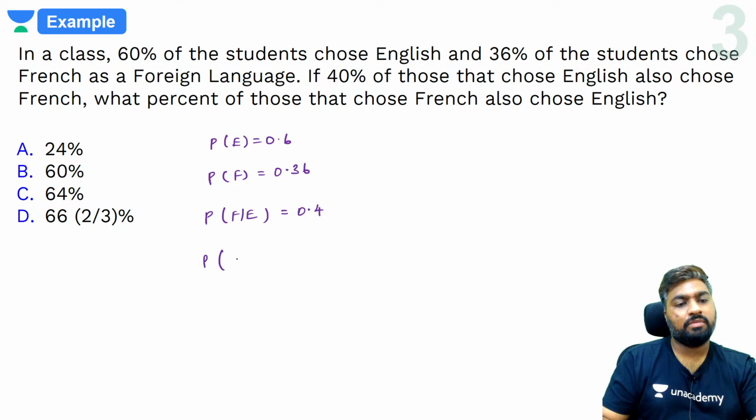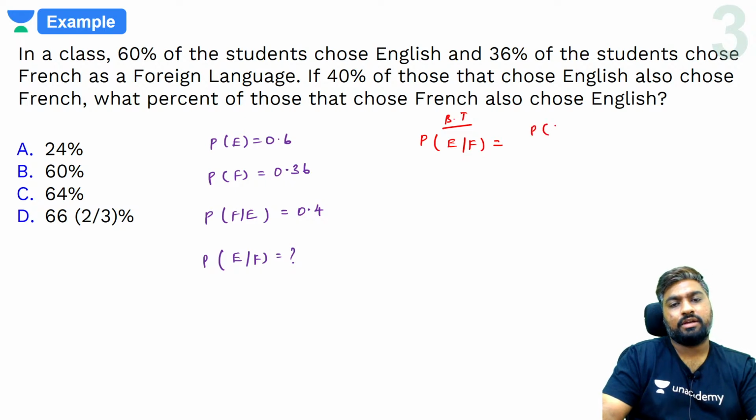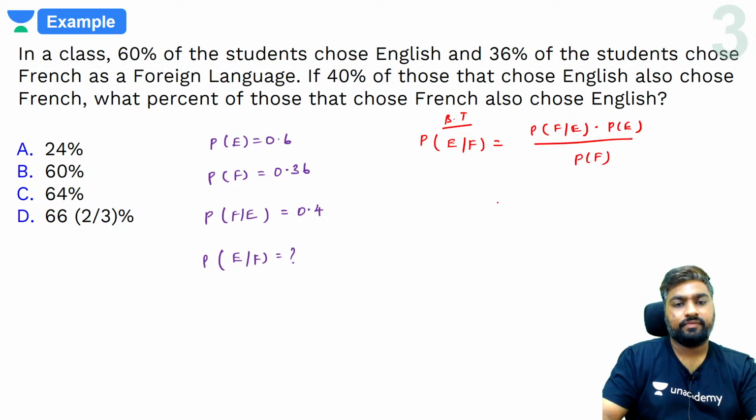We want the value of probability of English when French, which is going to be what? According to Bayes theorem, probability of English when French is going to be probability of French when English into probability of English by probability of French, which is 0.4 into 0.6 by 0.36.